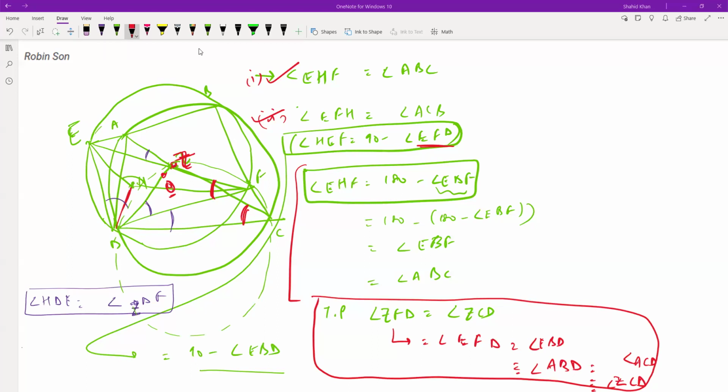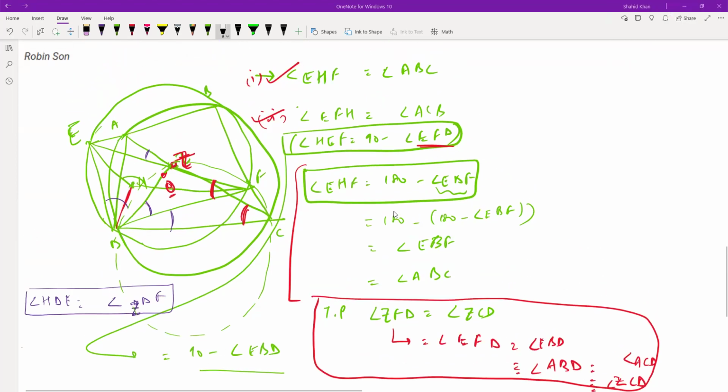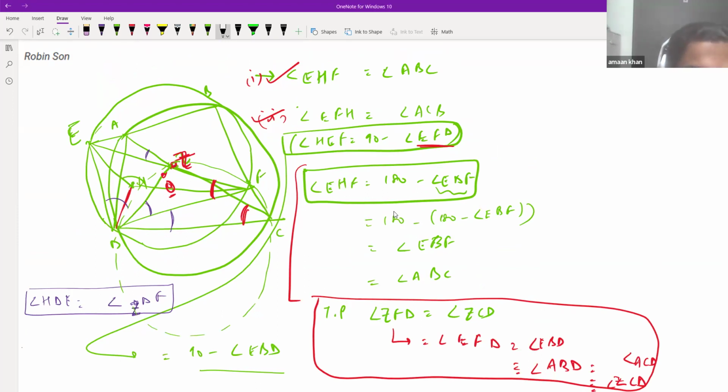Because ZFCD is cyclic, angle ZCF will be equal to angle FDZ. Now that we have ZFCD as cyclic, ZCF would be equal to FDZ. And now O and Z are collinear, so FDZ is just equal to ODF.